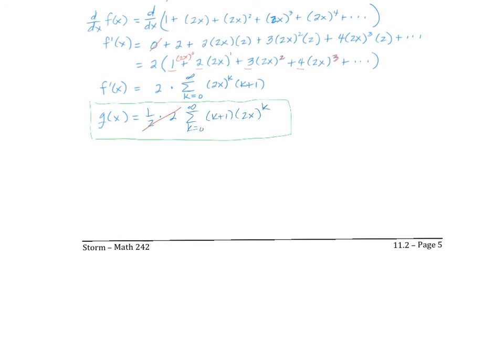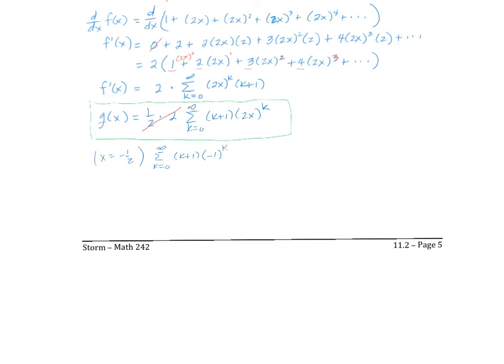So when x is equal to -1/2, I'll do that first. I'm checking in my g of x to see if -1/2 will make g of x converge or diverge. So I'm starting at 0 to infinity. If x is -1/2, this becomes k plus 1 times -1 to the k power.